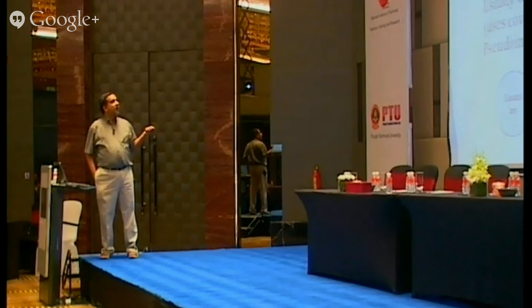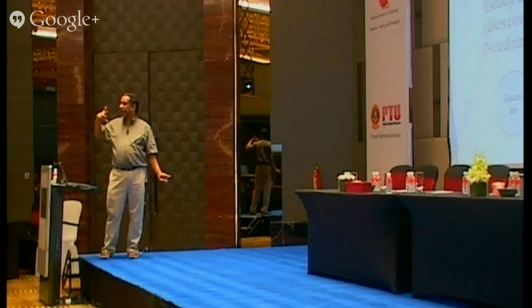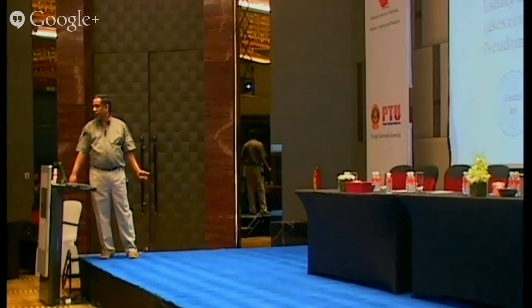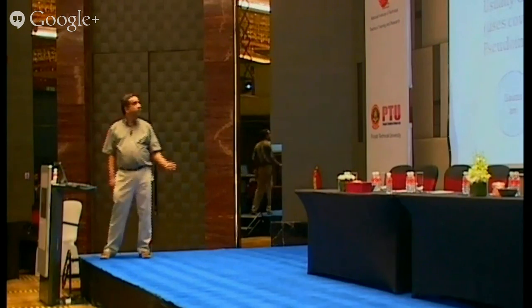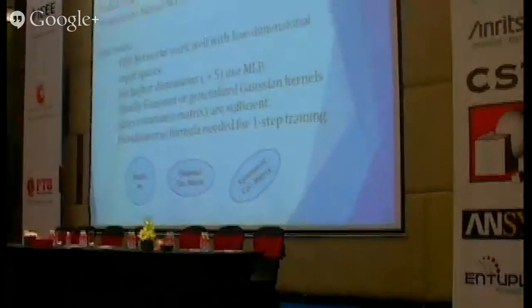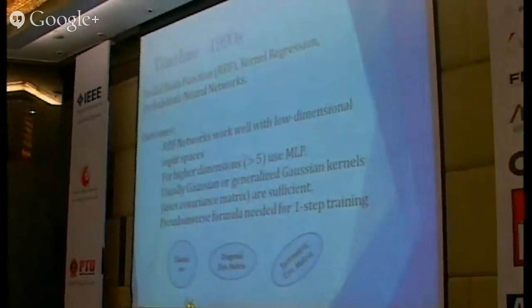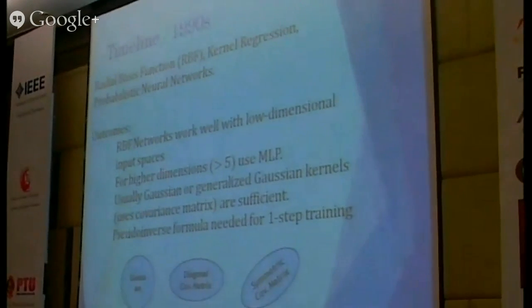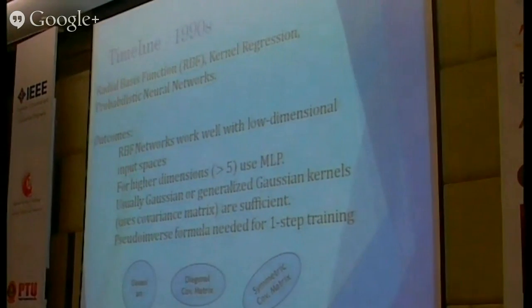And for higher dimensional, when the number of inputs is higher than 5, it's better to use multi-layer perceptrons because there's something called curse of dimensionality. You might have heard of the term. So RBF is not well equipped to deal with that. And for kernels with RBF networks, Gaussians work quite well for most real-world applications.